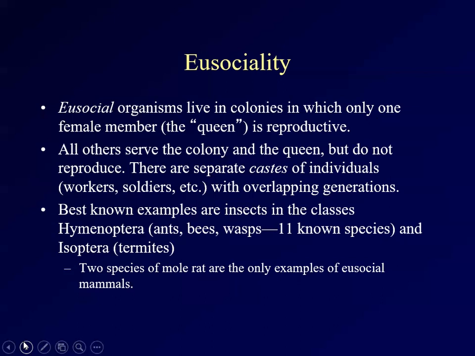So there's a queen who does all the reproducing. In a honeybee hive, there are workers and there are drones who don't do anything but fly up to try to find another queen and mate with her. In termites, it depends on the species, but you'd have workers, but you might also have soldiers that specialize in defense.